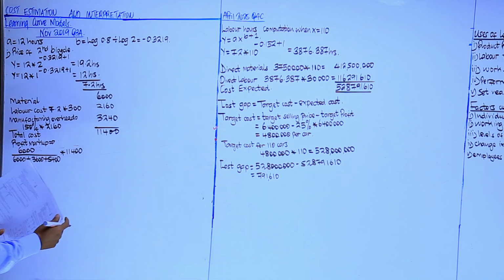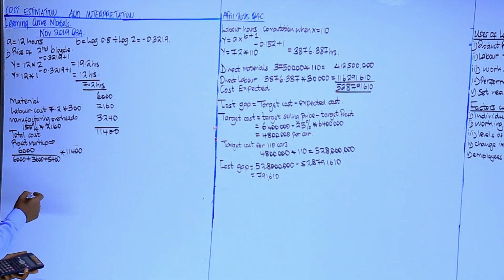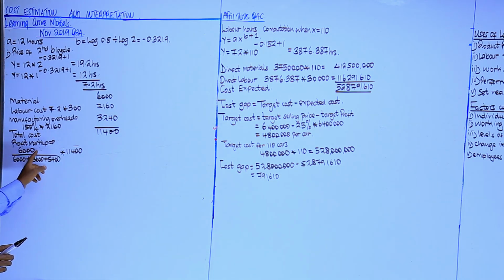So what we have done, we have expressed this markup as a percentage of costs. For the first bicycle, the markup was 6,000 divided by the total cost, which is basically 40%. It is an average of 40%.